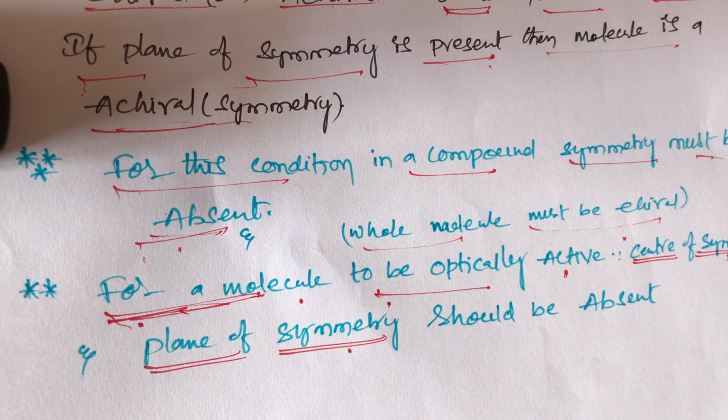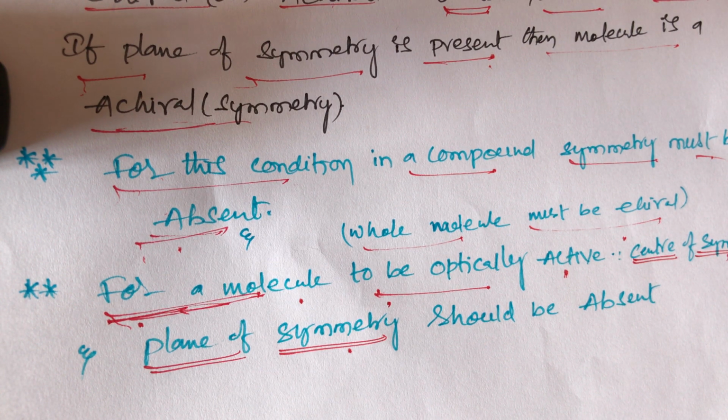It does not show optical activity. If a compound does not contain a center of symmetry and plane of symmetry, that compound will show optical isomerism.